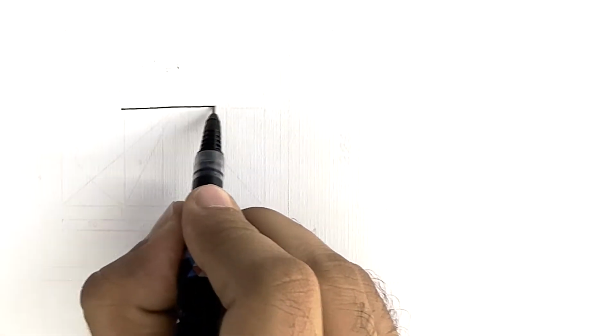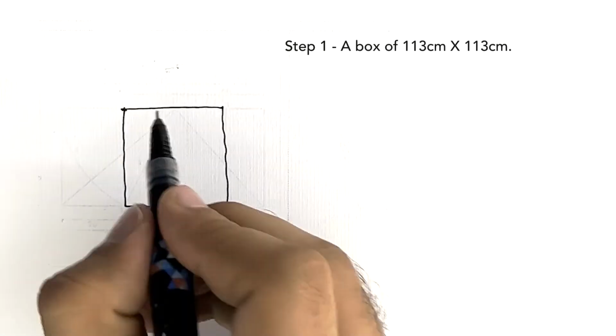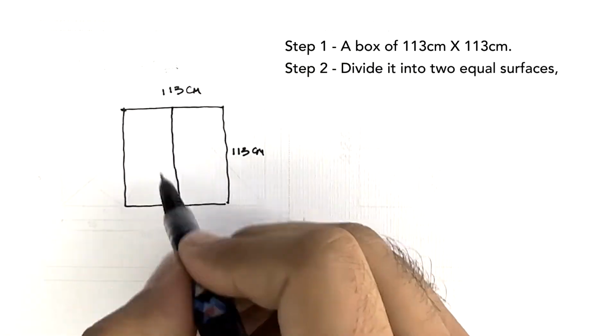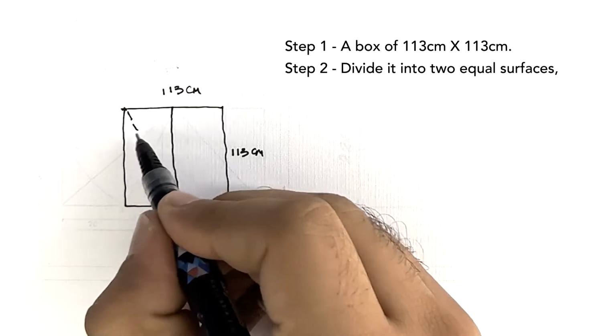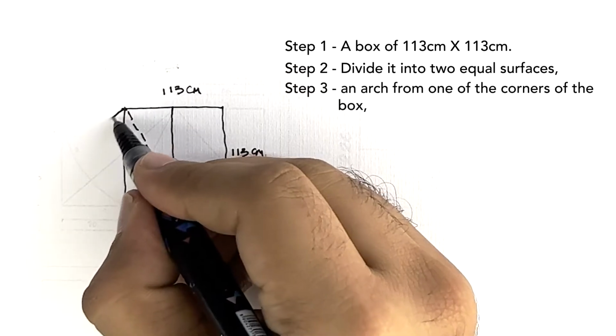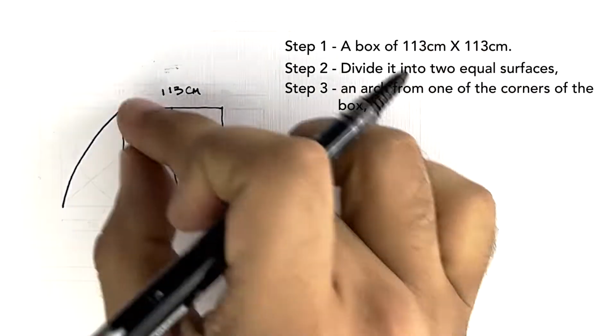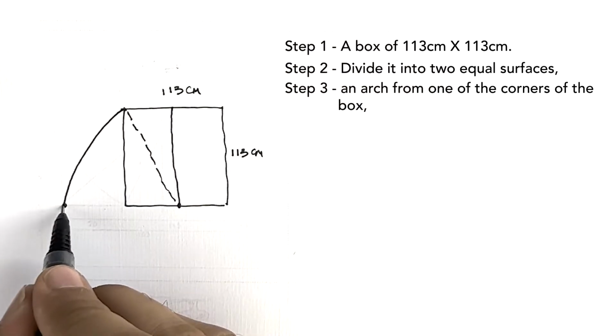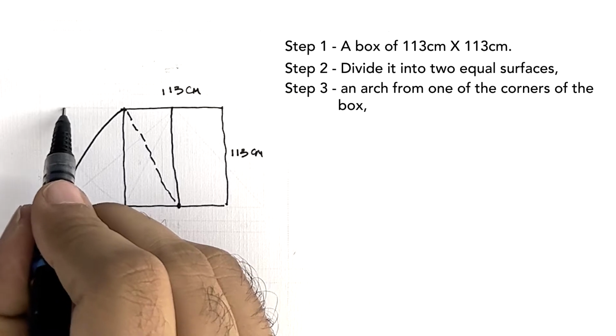So let's create a space with the same dimension, a box of 113 cm by 113 cm. Divide it into two parts. Now let's make an arc from the median of the line to the opposite corner of the box. So it becomes another box.